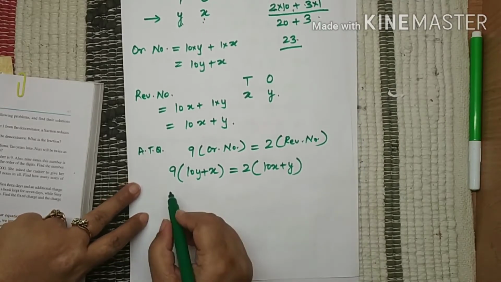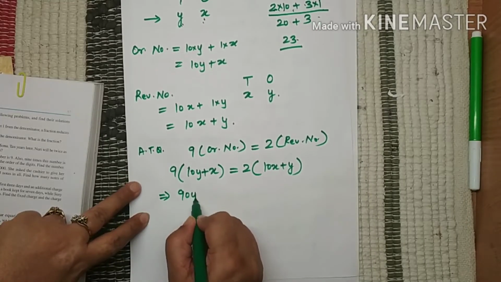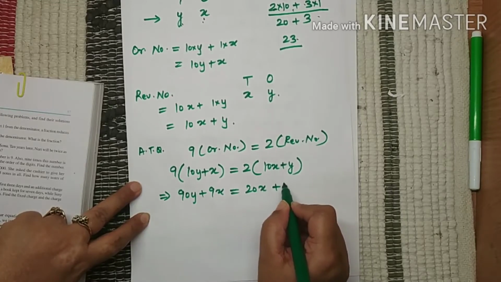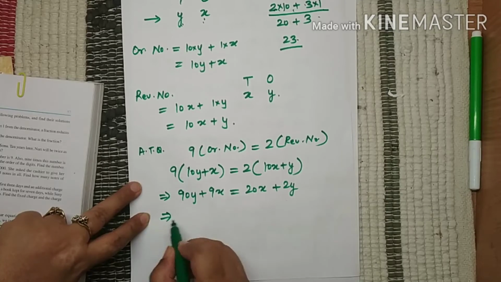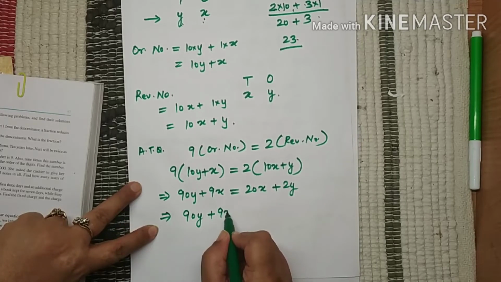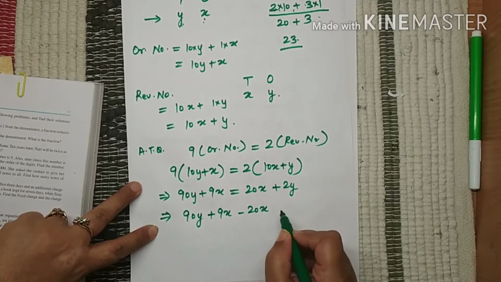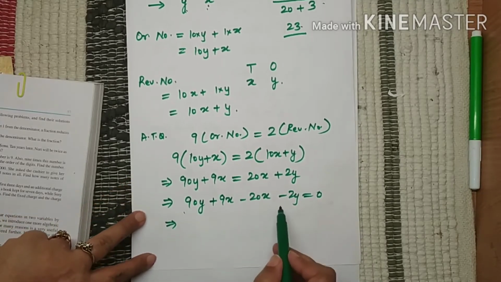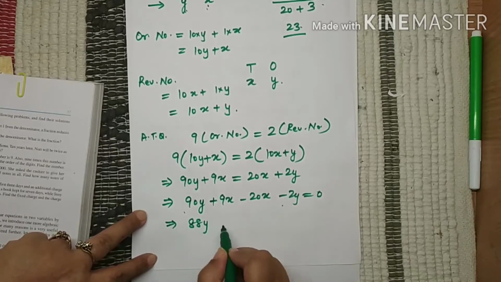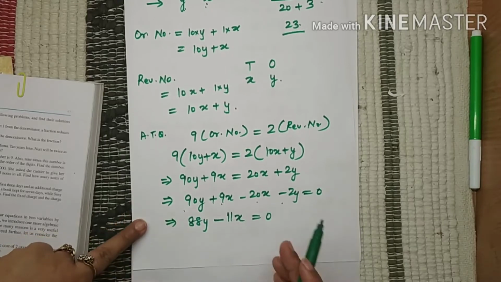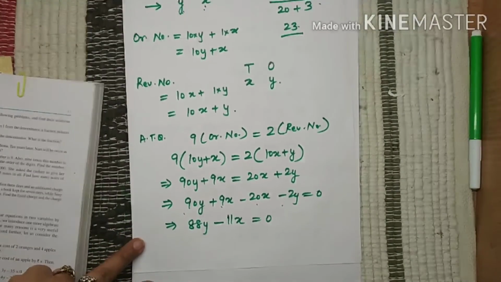Let us simplify this: 90y plus 9x is equal to 20x plus 2y. If I bring all the terms to the left hand side, I get 90y plus 9x minus 20x minus 2y equal to 0. So 90y minus 2y is 88y, and 9x minus 20x is minus 11x.